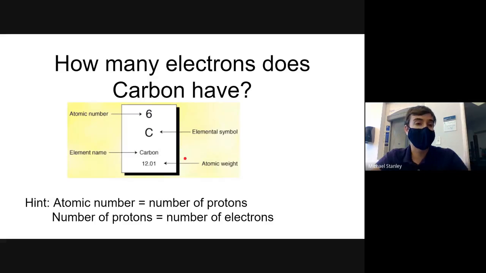All right. So the reason why I was going through, actually, hold on. Let me hold on for a second. So hopefully those couple of examples helped you guys understand how we figure out these 3 important numbers that relate to our atoms. Does anybody have any questions about the proton, neutron, or electron numbers that you want a little bit more clarification on, or you still are a little confused about?